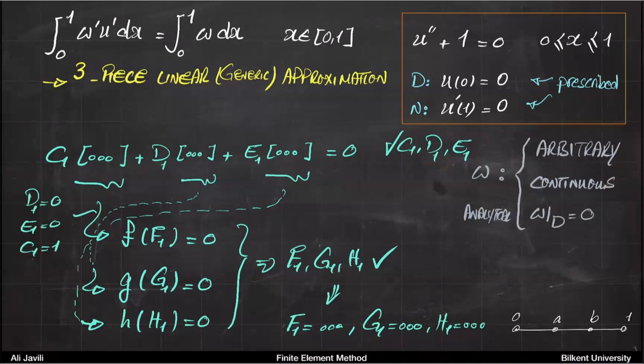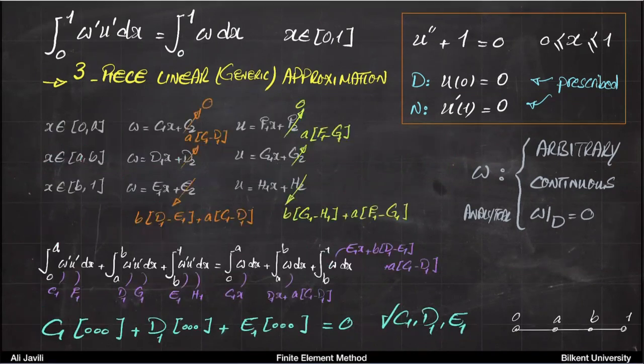That gives you the first one. For the second one, you assume D1 is 1, E1 is 0, C1 is 0. You can assume each of those coefficients is 1 and the others are 0, and then you get that. All right, so this is what we had.